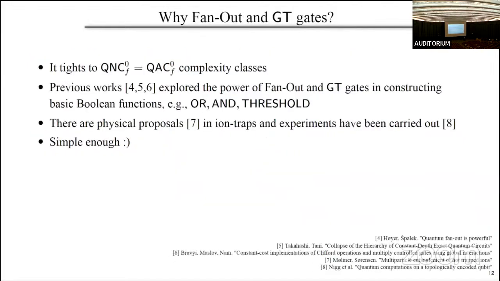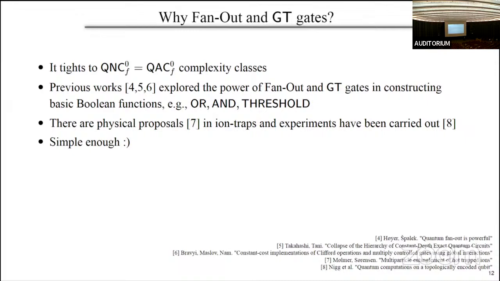And why these? First, because they tie very nicely to complexity classes that other people are going to be talking about in the next talks, which are QNC0F and QAC0F, and many previous works have explored the power of fan-out and GT gates in constructing basic Boolean functions like OR and threshold.